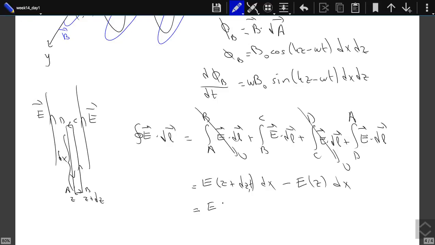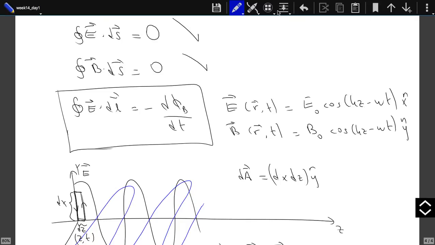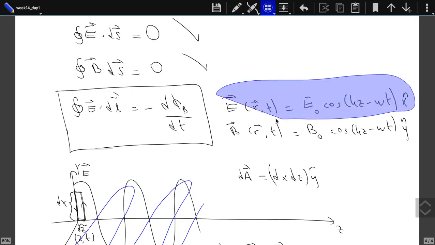This is equal to E(z plus dz) minus E(z), divided by dz, multiplied by dx dz. That is nothing but the derivative of the electric field. Let's see what our electric field was. This is our electric field.